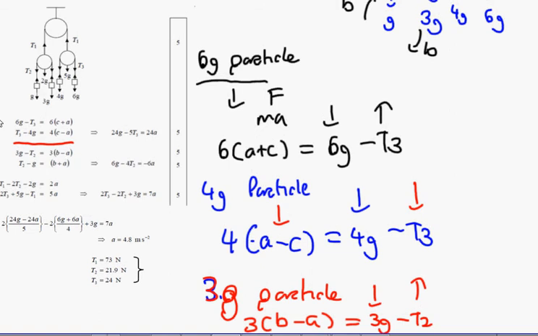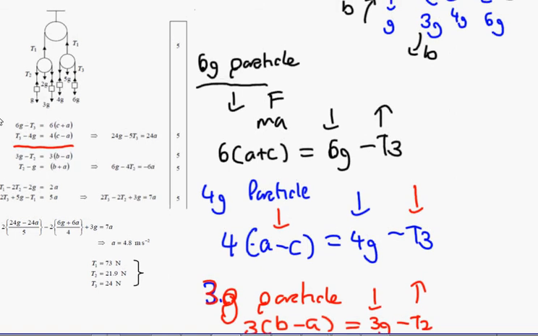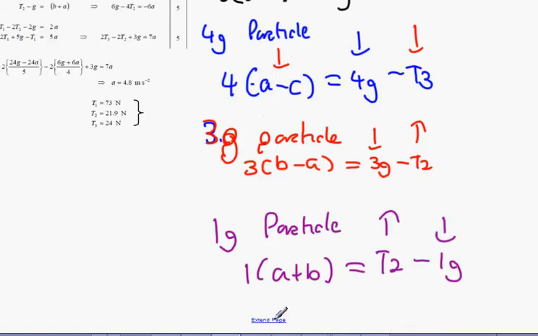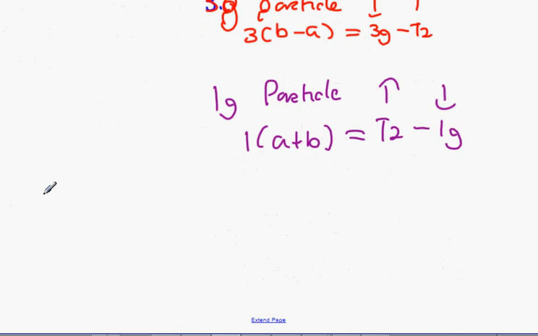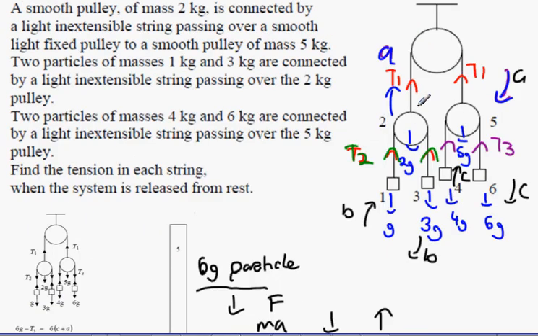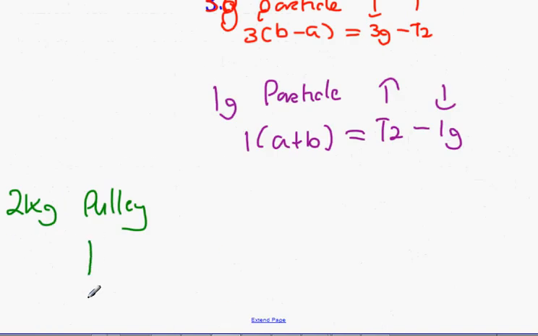So what I'm going to have to do next is find out the pulleys now. The pulleys is the next one I'm doing. What's it, a 2 kilogram pulley, is it? Yeah. I'm pretty much running out of colours here, right? So 2 kilogram pulley. Now let's zone in on the pulley. It's T1 going up, but according to the pulley, now you got to draw out the pulley because the pulley is very important.